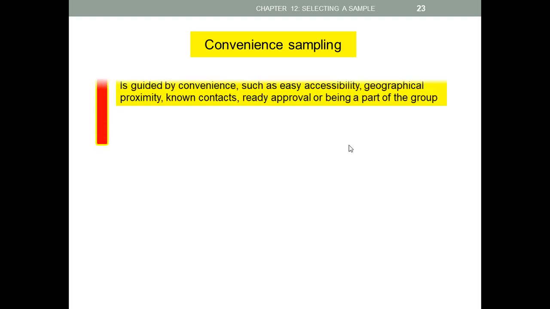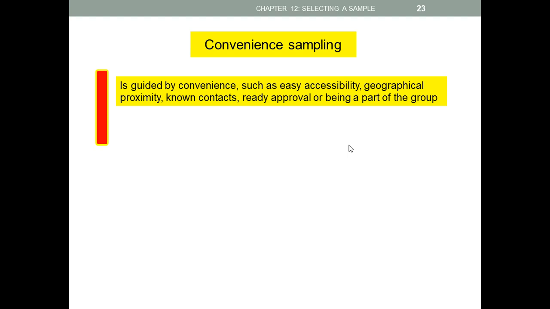Third, convenience sampling. Convenience sampling is similar to accidental sampling. The researcher is guided by convenience. What do we mean by convenience? Convenience means a lot in research. It means easy accessibility. For example, I can access the opinion from my colleague who shares the office with me.